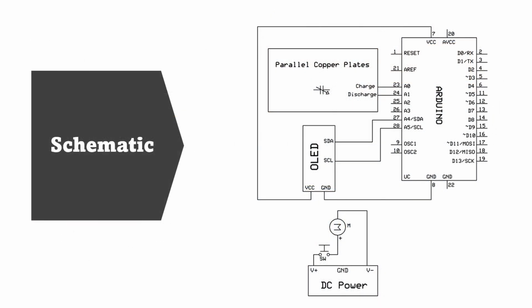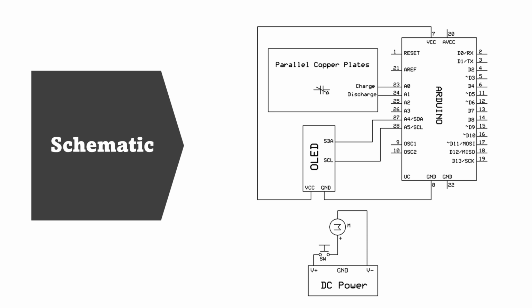So here is the schematic of the device. We have the Arduino, and an OLED display with four pins, including the serial SDA and the serial clock. We have the parallel copper plates which are connected to two analog pins, A0 and A1. A0 is the charging pin and A1 is the discharging pin. So one plate charges and the other plate discharges and we observe the voltage reading.